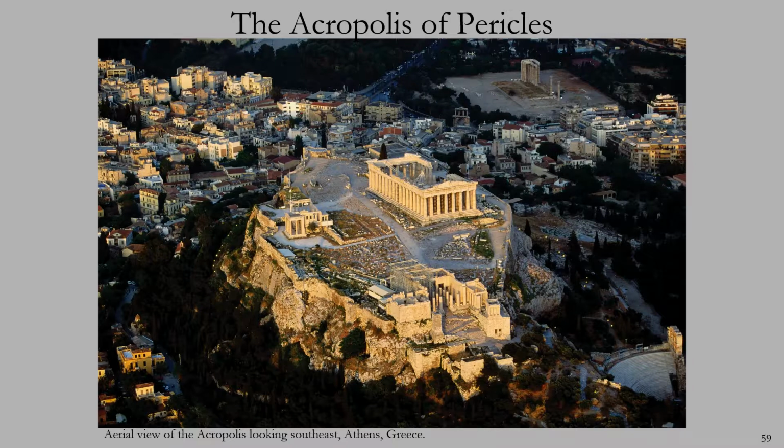This is the Acropolis. This is the high holy place located in the center of Athens, and it was the location of the temple built for the goddess Athena. This temple was destroyed during the Persian Wars. The Greeks swore, we will never rebuild, as a memorial to those who gave their lives.